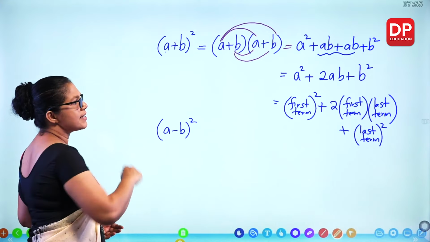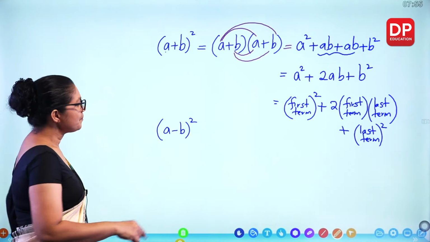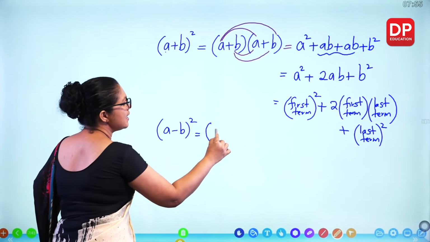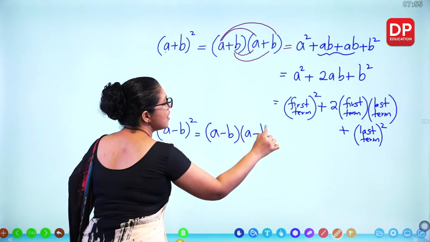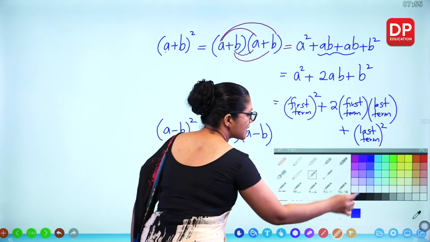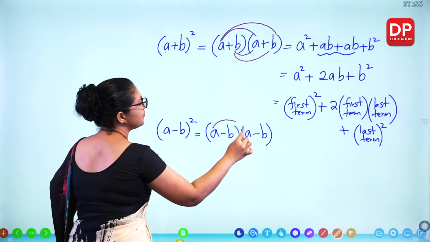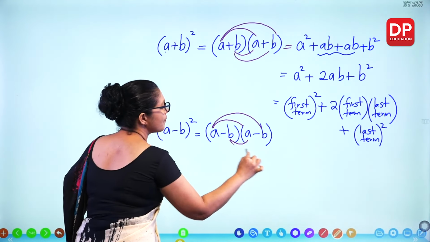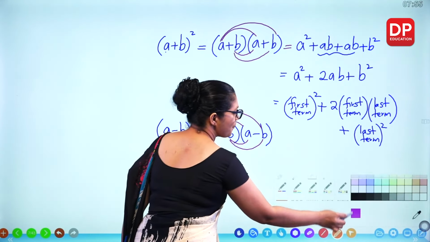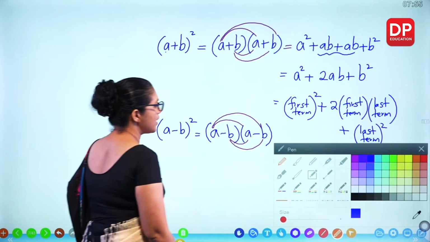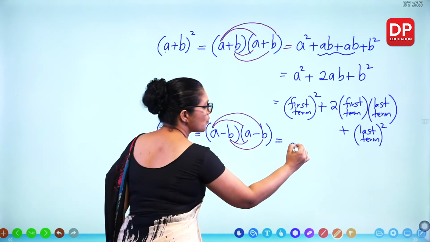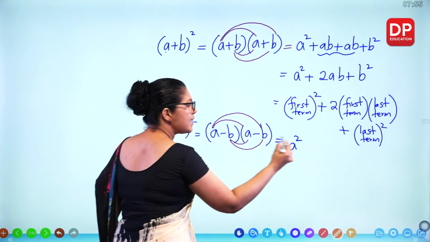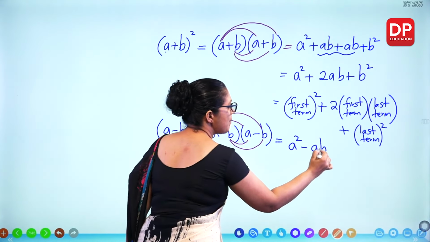When you get minus, what happens? We'll try it out again. (a minus b) squared. When you expand brackets, what you get? a times a, a squared. a times minus b, minus ab.